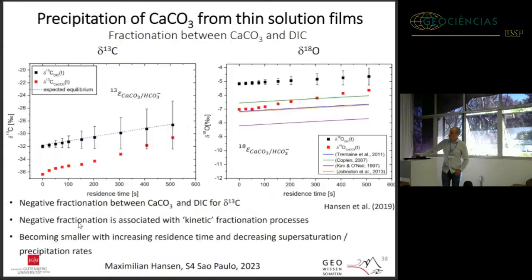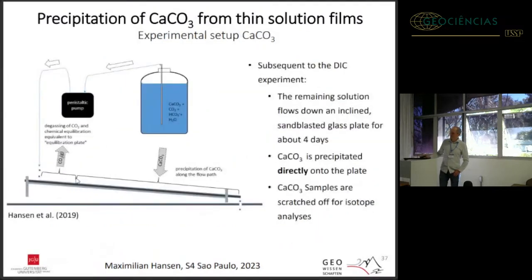I think I left one slide out just to stay in time, but what you see for the stable isotopes for the calcium carbonate is essentially exactly the same enrichment over time as we observed for the stable isotope values of the DIC. And so once you have the stable isotope values of the calcium carbonate and of the DIC, you can compare them directly. And this is what we've done here.